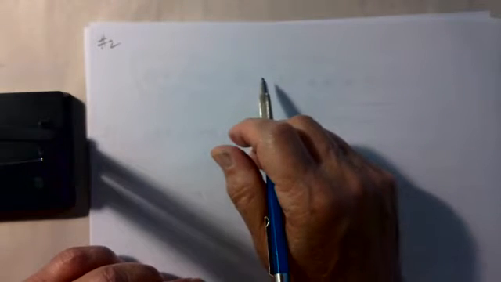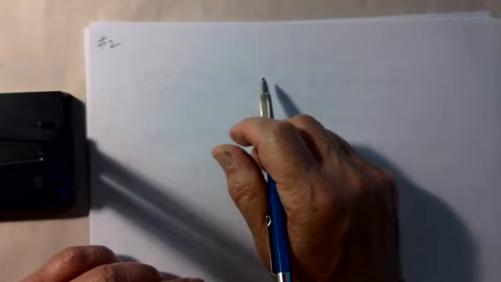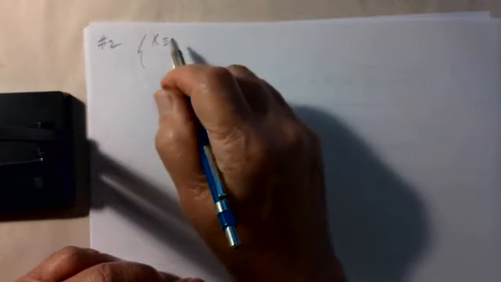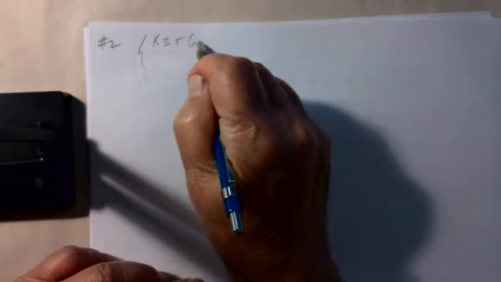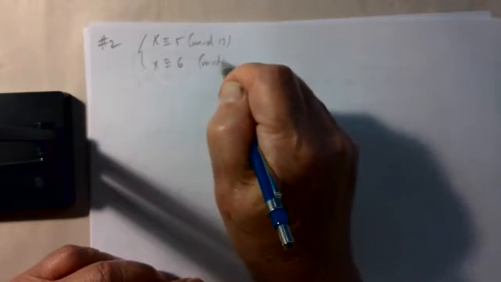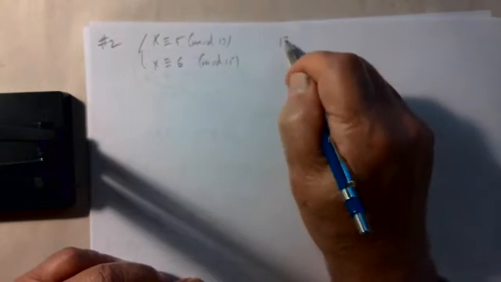Problem number 2 is the Chinese remainder theorem. We want to solve the system of congruences x congruent to 5 mod 13 and x congruent to 6 mod 15.